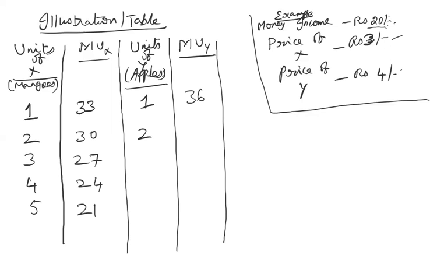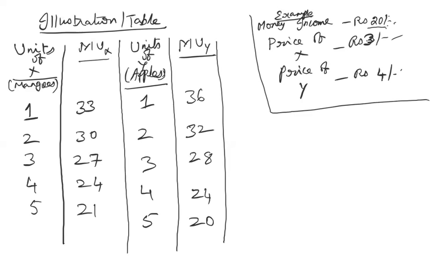Any commodity the consumer keeps on consuming, the satisfaction keeps on decreasing. So third unit becomes 28, fourth unit 24, fifth unit 20. With this, he has to reach the equilibrium position. This is how the marginal utility changes according to the changes in the quantity of the commodity.